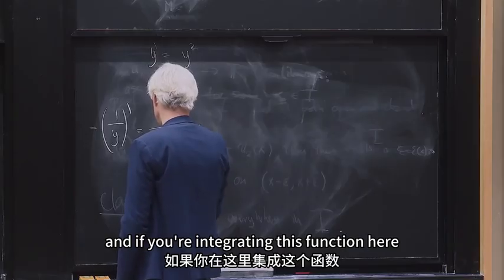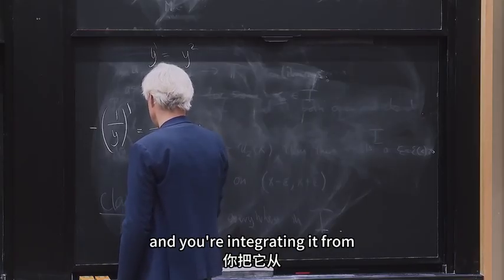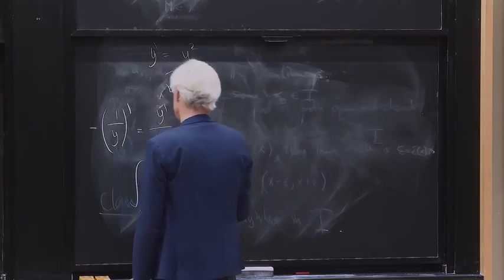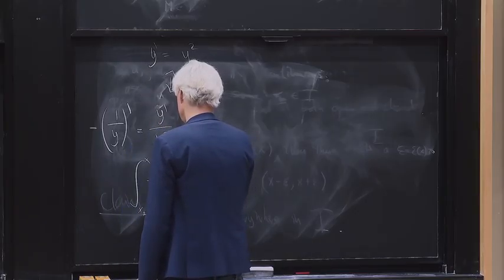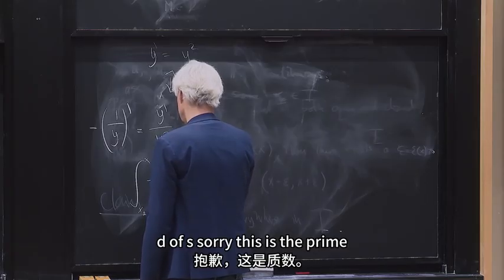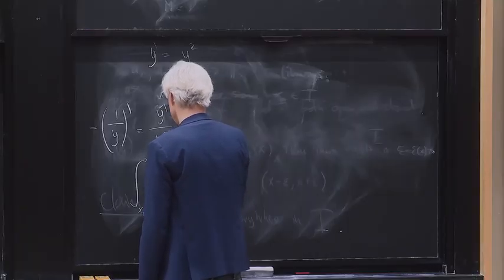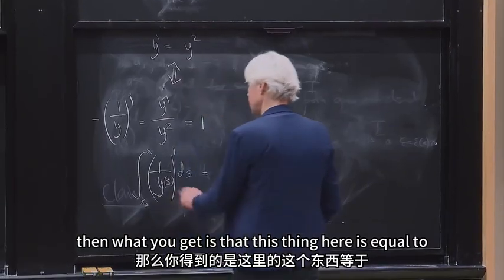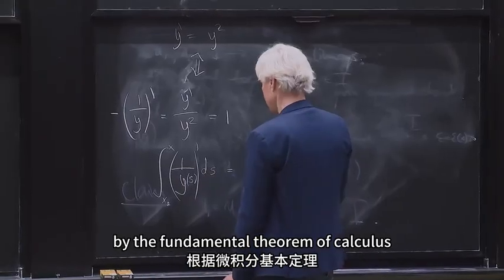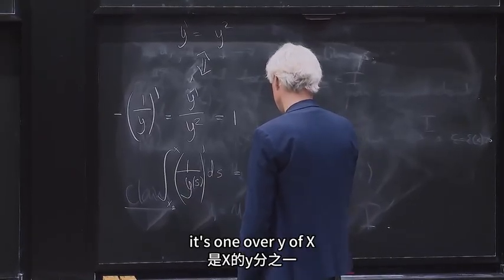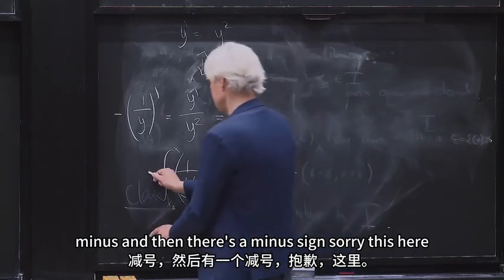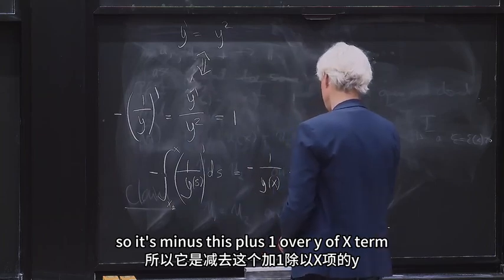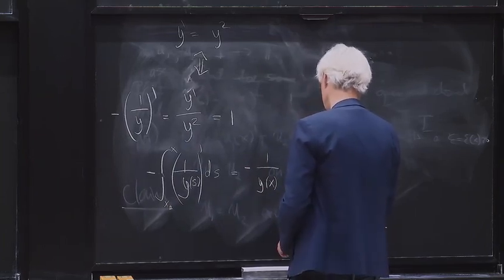And if you're integrating this function from two values, x0 to x, d of s, sorry, this is the prime. Then what you get is that this thing here is equal to, on one hand, by the fundamental theorem of calculus, 1 over y of x minus, and then there's a minus sign, sorry, because of this minus sign, so it's minus this plus 1 over y of x0.